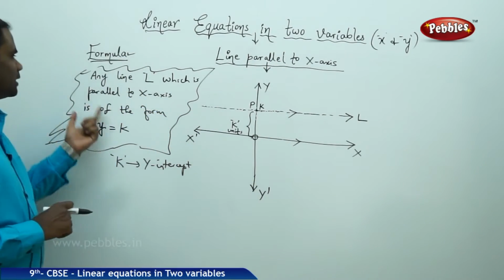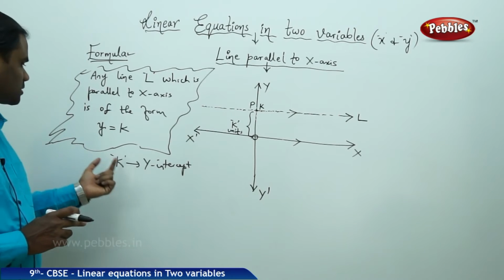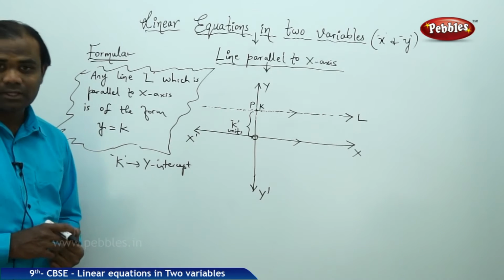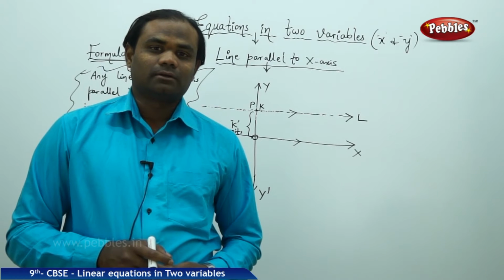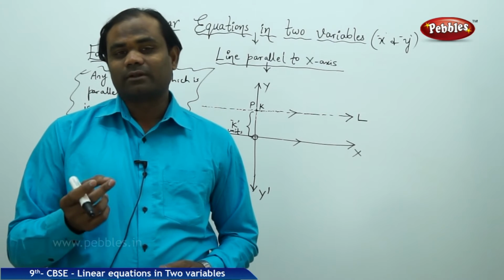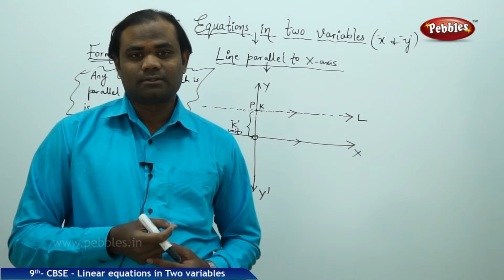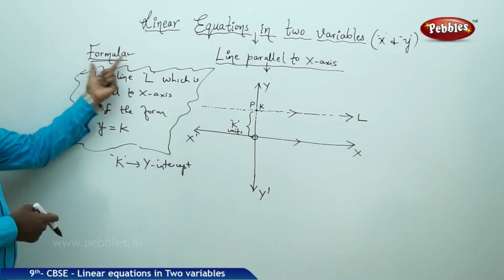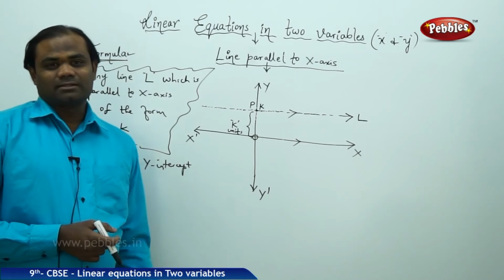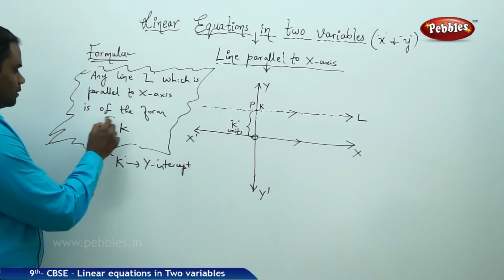Therefore, any line parallel to the x-axis must be of the form y = k, k being the y-intercept, the point where the line cuts the y-axis. So this is how we derive the formula, where any line parallel to the x-axis is of the form y = k.